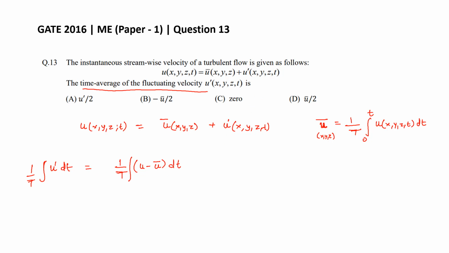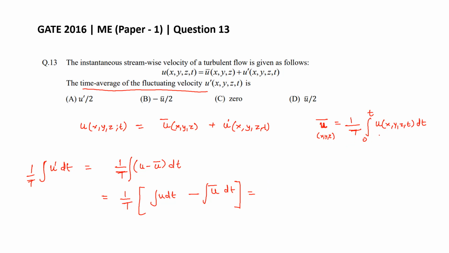We will see this through this small manipulation of u prime. So this is u prime, and you can write this as u minus u bar dt, and then you have 1 over T integral u dt minus u bar dt. And then you can absorb this 1 by T inside the bracket.